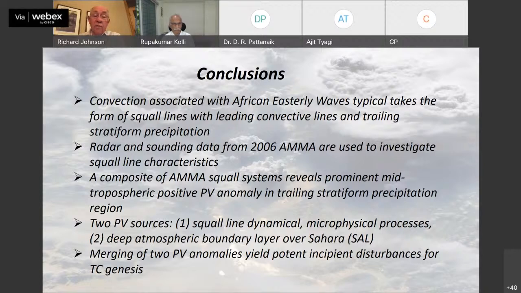The radar and sounding data from AMMA are used to investigate the characteristics, and the composite of AMMA squall systems reveals a prominent mid-tropospheric positive PV anomaly in the trailing stratiform precipitation region, which has two sources: squall line dynamical and microphysical processes, namely melting, and secondly, the deep atmospheric boundary layer of the Saharan air layer, which gets pulled into the squall system from the north. The merging of these two anomalies can yield potent incipient disturbances for TC genesis over the Eastern Atlantic. Thank you.